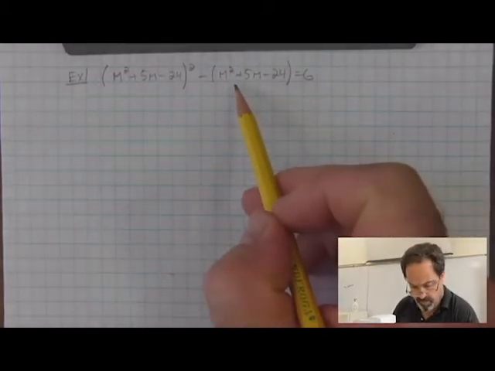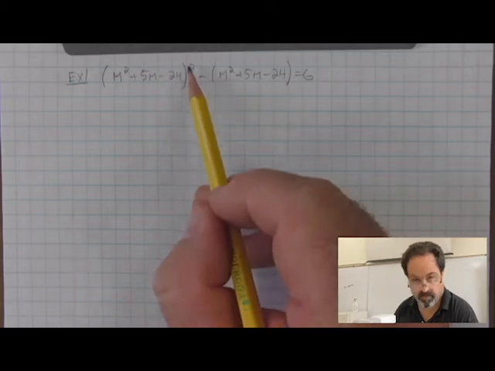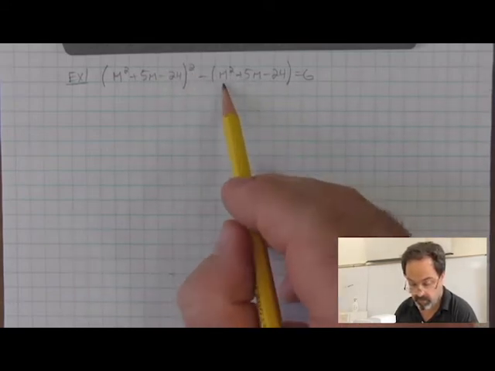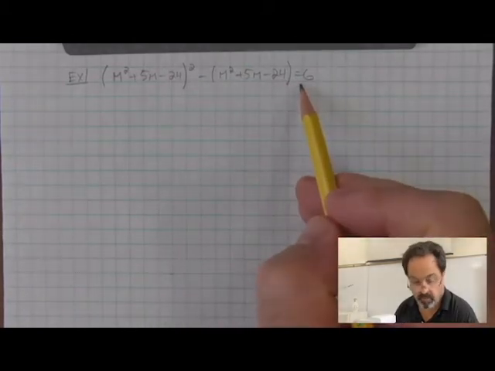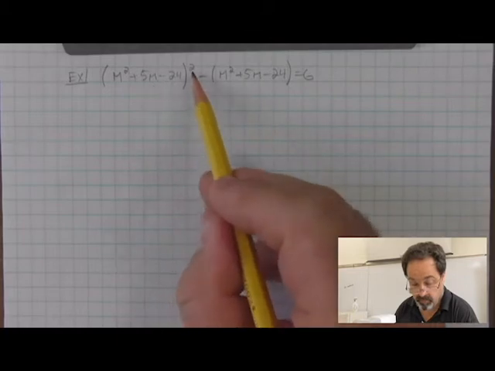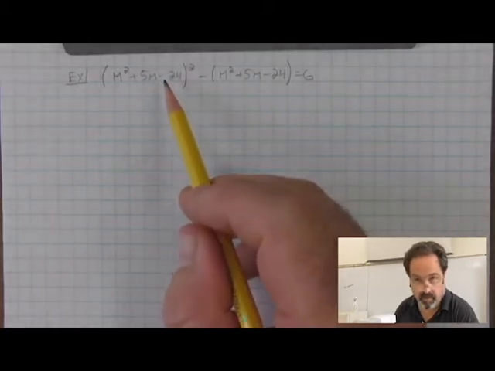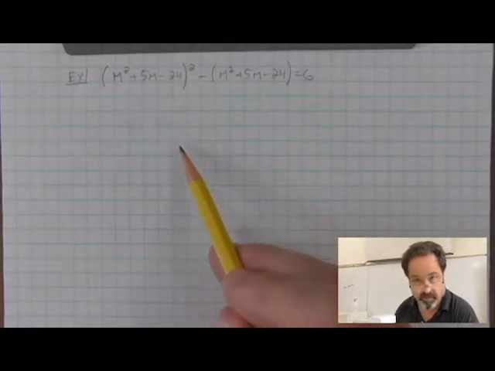I have three terms being squared, and then I'm subtracting more terms, and it's an equation. I could proceed by squaring, combining like terms. It would be a little bit challenging to keep track of.